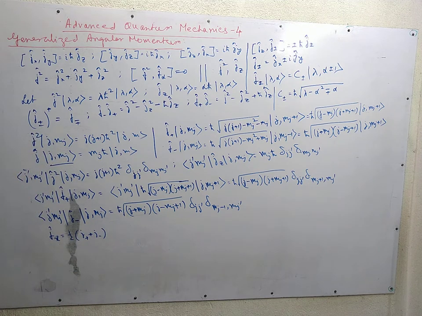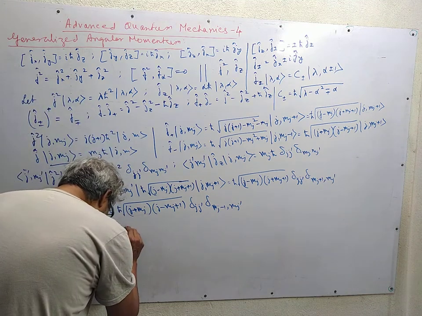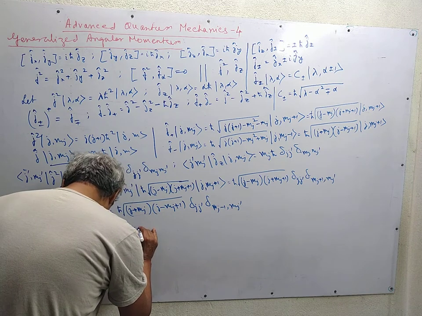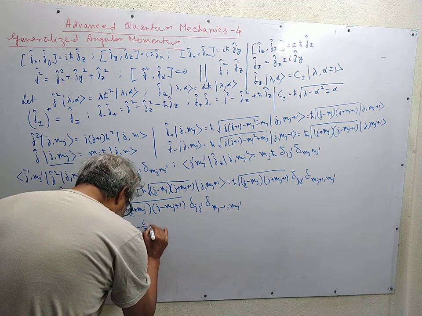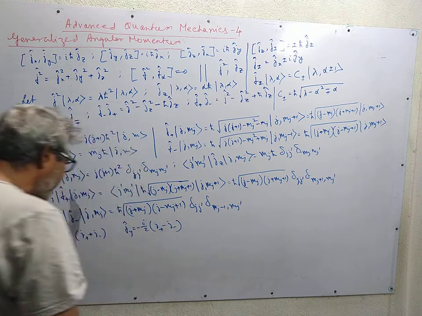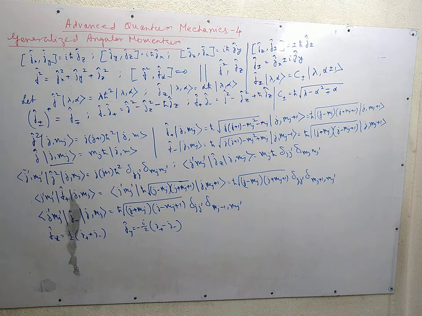Similarly, Jy is minus i by 2 (J plus minus J minus). So we can get the matrices for Jx and Jy from the matrices of J plus and J minus.